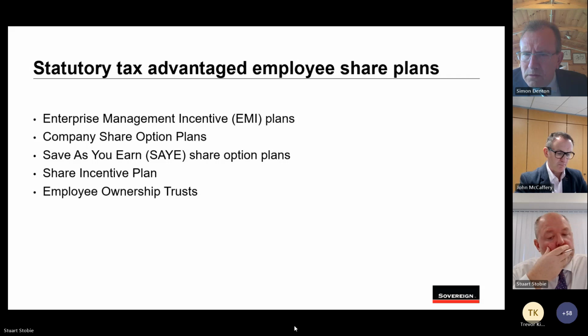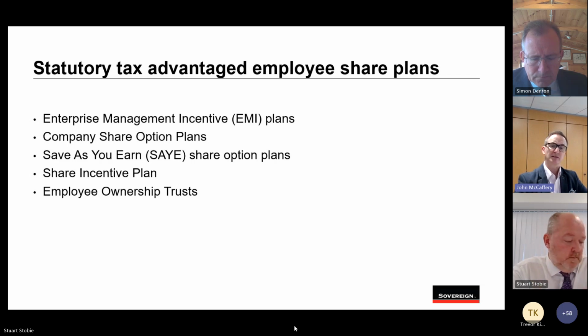The employee needs to work either a minimum of 25 hours a week, or if they're a part-time employee, at least 75% of their working time for the company. And if the individual leaves employment, the option lapses. So it's very much about tying people to the business.